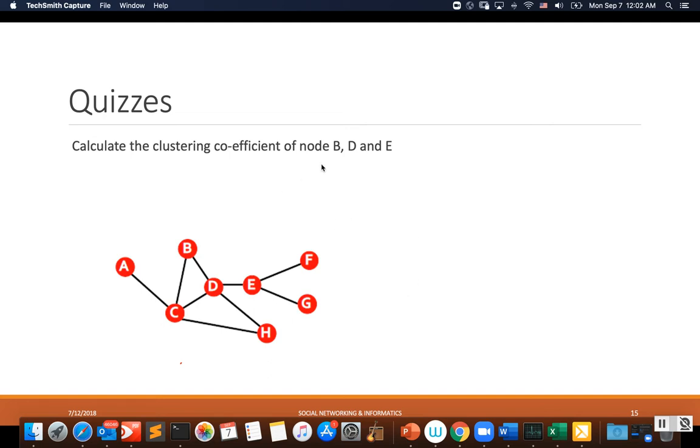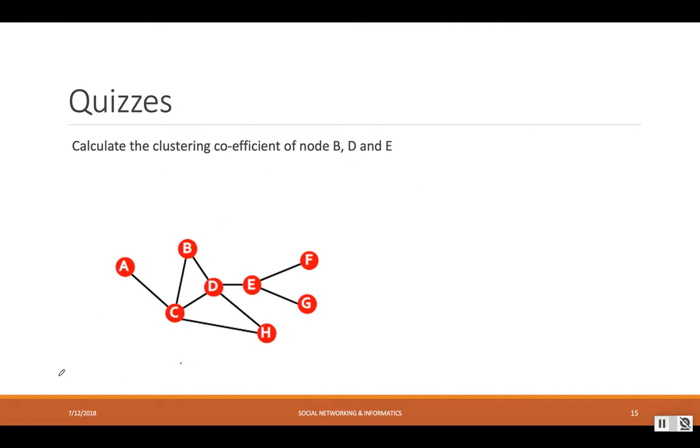So let's calculate the clustering coefficient of nodes B, D and E. Let's see for node B. Let's write the equation.